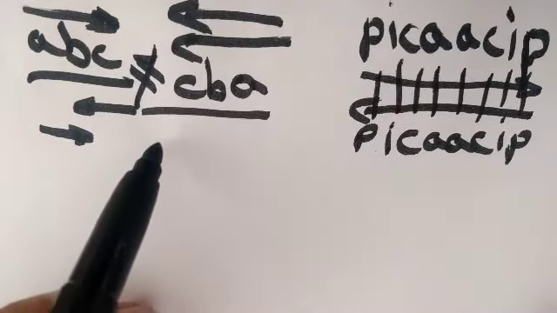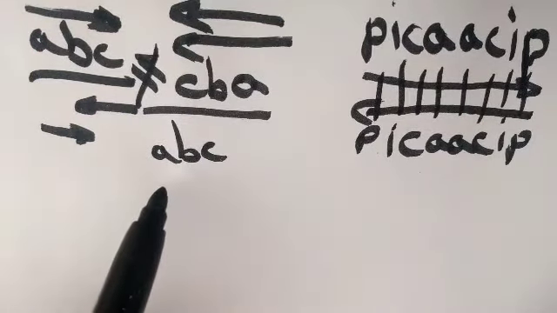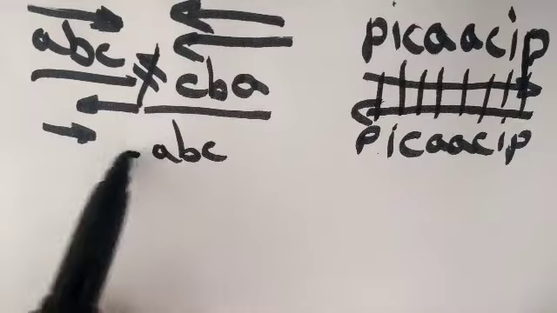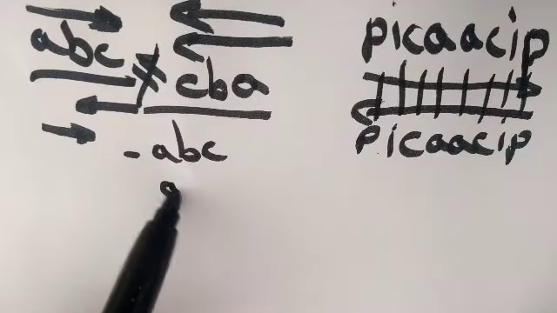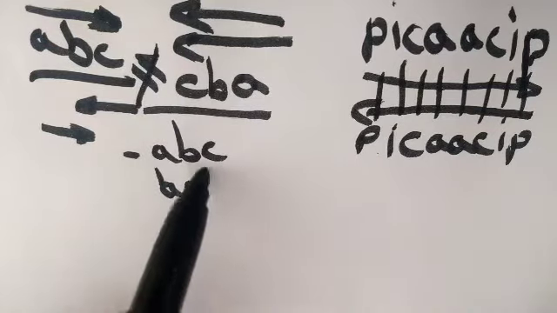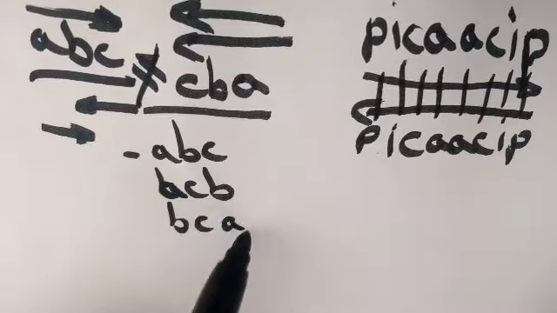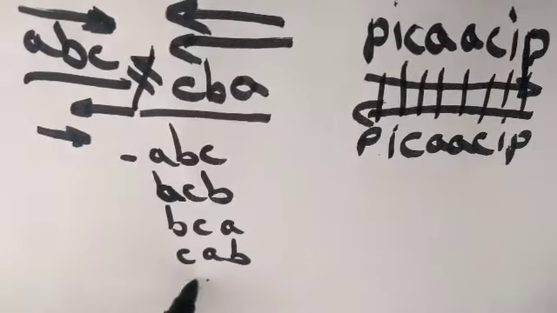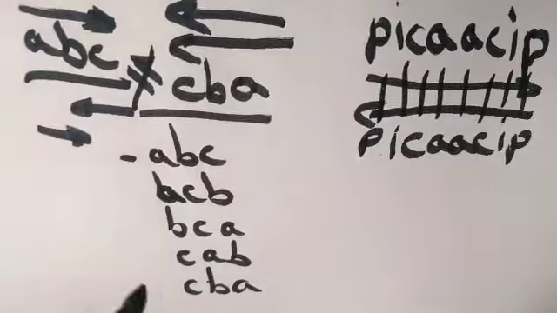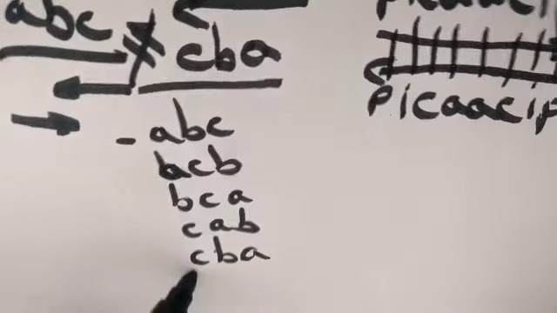So if we had ABC, then all of its permutations are first ABC, then ACB, then BCA, then CAB, and CBA, and BAC.